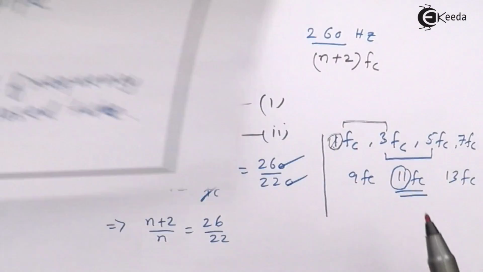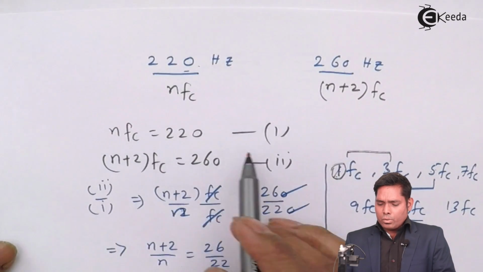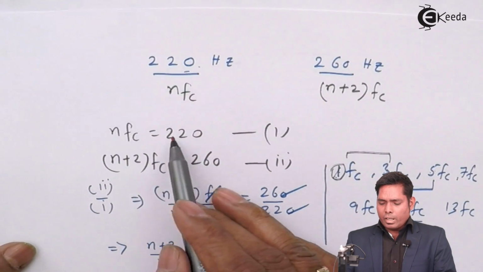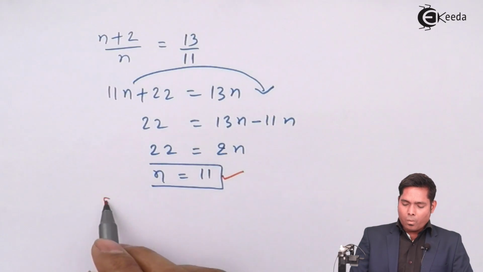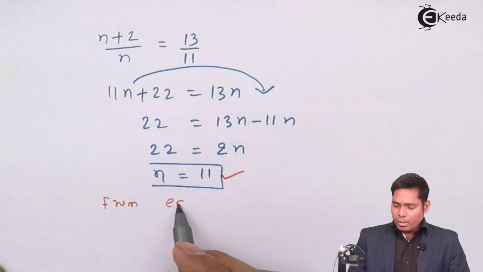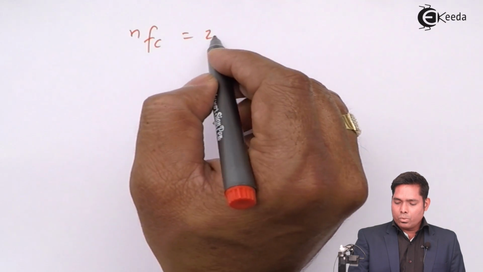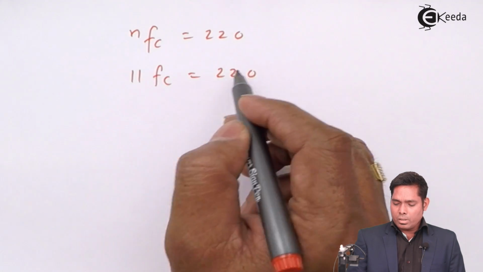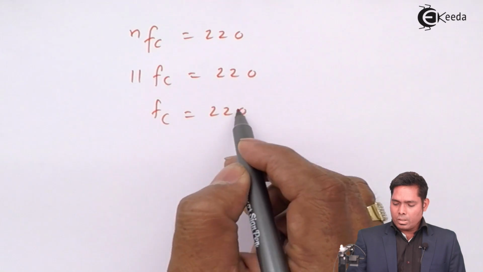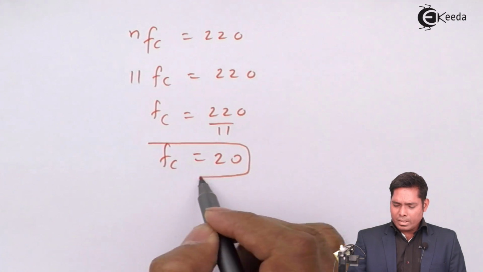As I got the value of n as 11, I can use any one of the equations to get the value of Fc. Suppose I use equation 1: nFc equals 220. N is 11, so 11Fc equals 220. So Fc equals 220 over 11, which is 20. So the fundamental frequency is 20 Hertz.